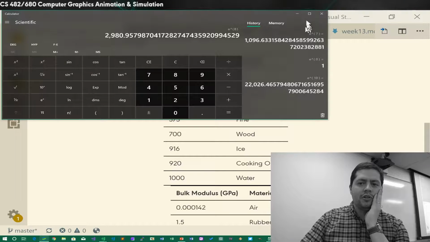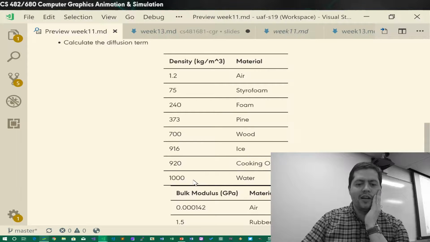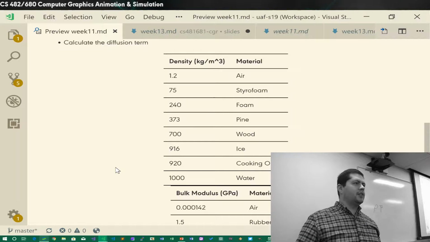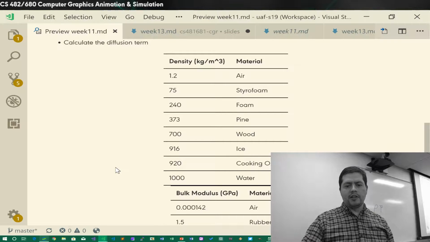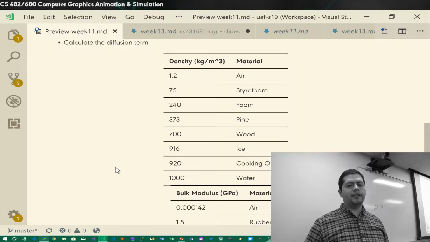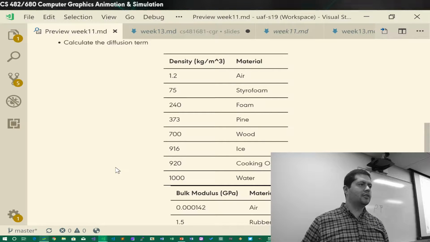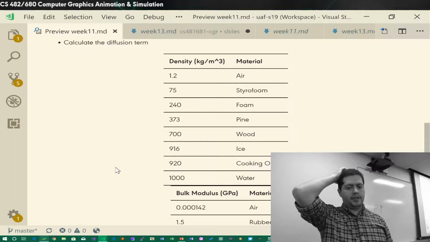So if you keep your numbers between 7 and 8, you're getting the water values, and then up from there you get into metals and things like that that are really dense. So I figure that using the exponent to map the density is a realistic way of getting those density numbers into our calculations.